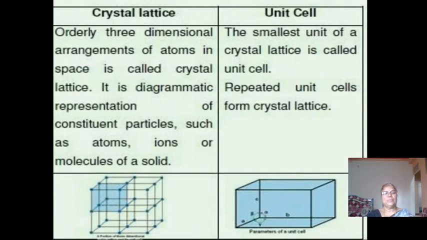And all crystal lattices are bound by plane surfaces. Crystal lattices are bound by plane surfaces and they are called planes of the crystal or faces of the crystal.